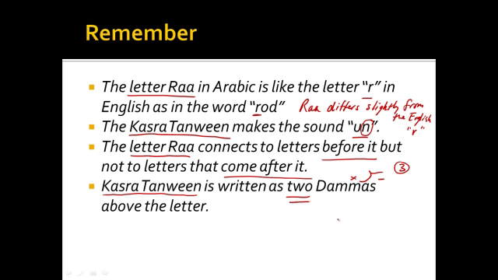So if we have a Ra here, it will look like this, two dhammas, run. It can also be written in shorthand like this, run. And the Dhamma Tanween can be written on any letter. So for example, we had the Dal before, it could be dun. The Dhal, dhun. The Ta, tun.